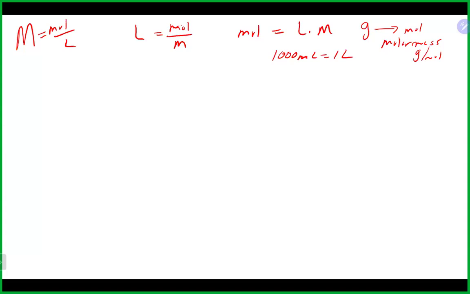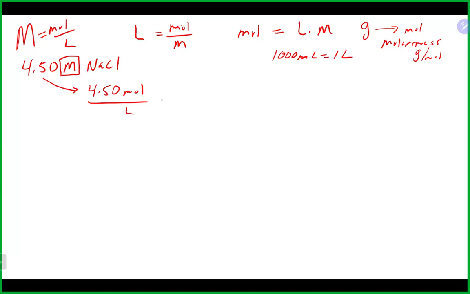Now, when you're doing calculations and you do have the molarity given to you in a problem, or you're going to use the molarity in a calculation, I 100% would recommend that you get rid of the big M. What I mean by that is if you're given something like a 4.5 molar sodium chloride solution, when you go to do the calculation, you should get rid of this M and convert it into a conversion factor of 4.50 moles per 1 liter.